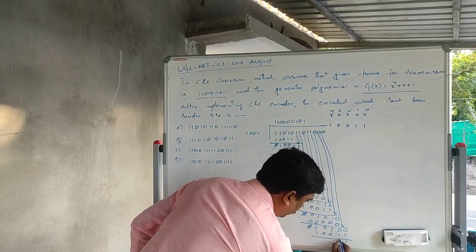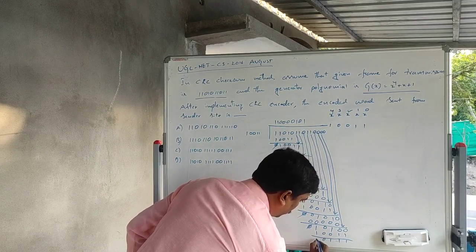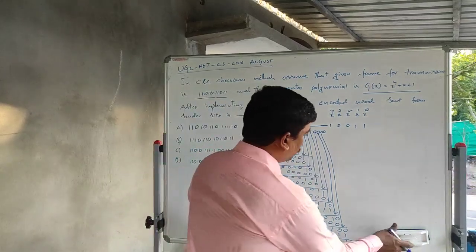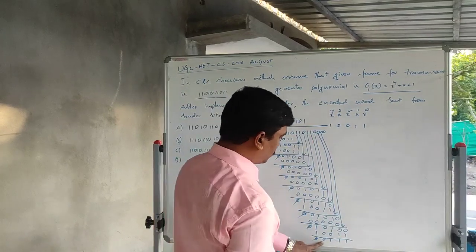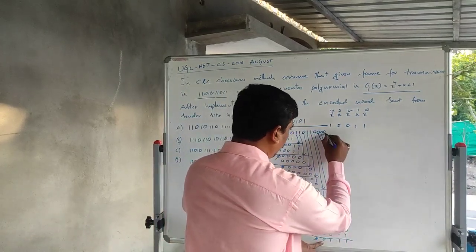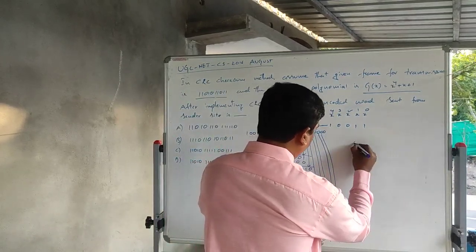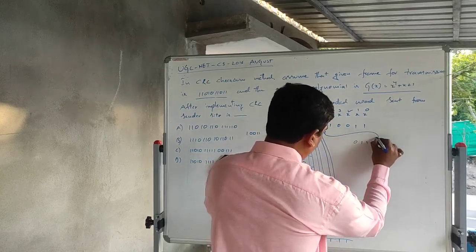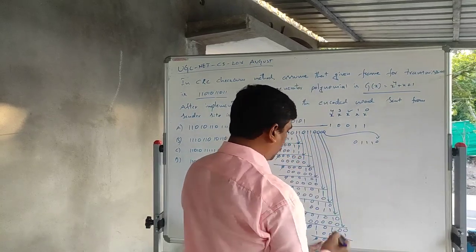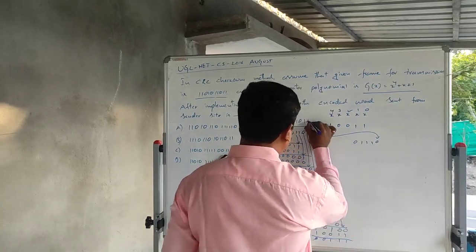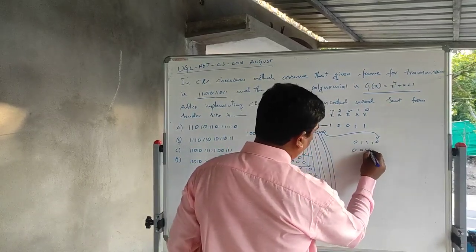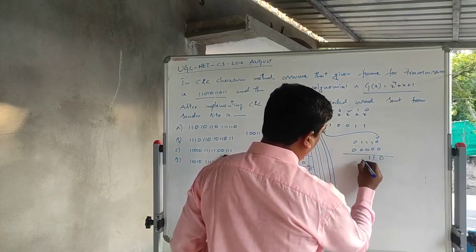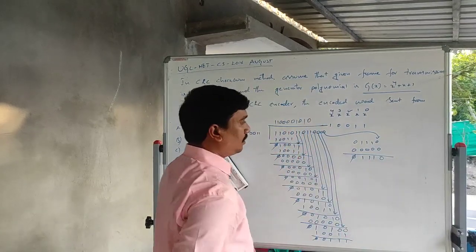So 1 1 1 0 0. Cancel the leftmost bit, again the 0 we will add here. 0 1 1 1, I will add 0 here, right? So 0 time. 0 0 0 0 0 0 1 1 1 0, cancel it.